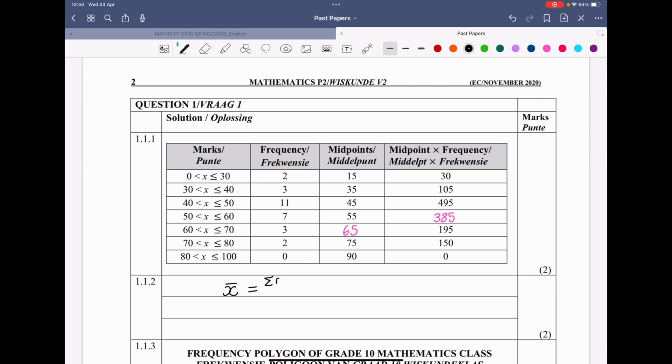If I sum up all of these numbers here, I get 1,360. And that's going to be divided by the sum of all of these numbers here, and that is 28. And so my final answer is going to be 48.6.